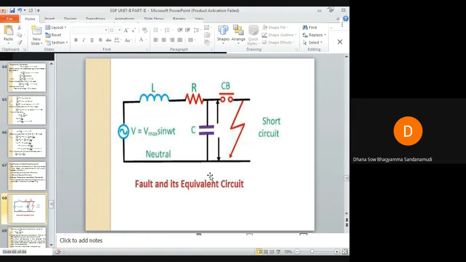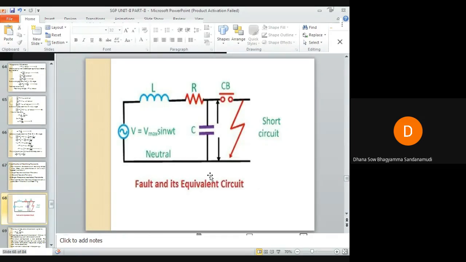The same theory I explained in the last class on the restriking phenomenon applies now also. You know the natural frequency of oscillation is given by f equal to 1 by 2 pi root of 1 by LC, measured in hertz.